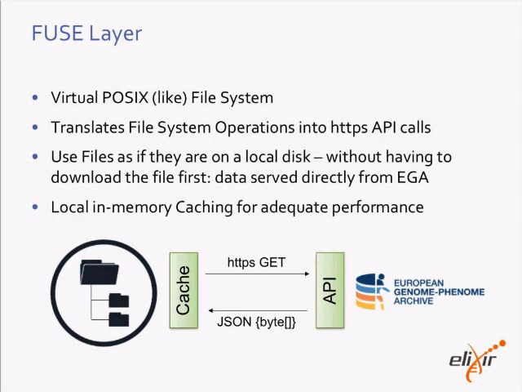As soon as you access a file in this directory structure, the FUSE layer translates that into HTTPS REST calls to the EGA API, which then returns the data you requested, and it delivers it to you as if the file was locally on your disk. Essentially, it gives you a directory view into the EGA archive based on your permissions. And we have added a lot of caching on the local end to improve the performance to adequate levels.